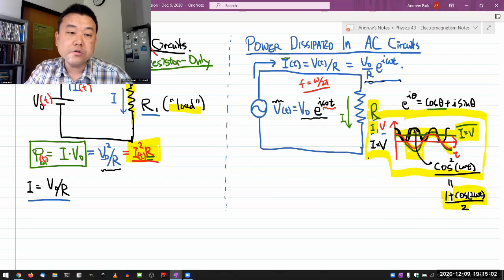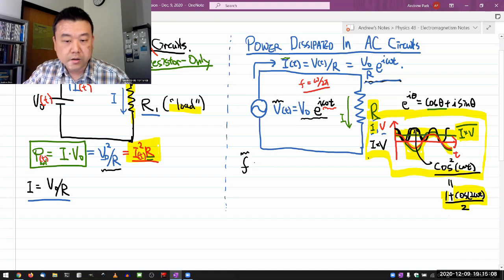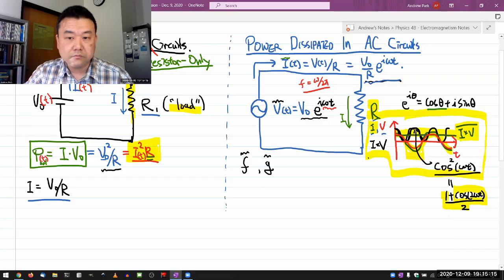But you might have a circumstance where, let's say, you have a complex function f and a complex function g, and they represent oscillatory quantities like this. Let me use the letters I'm already using.